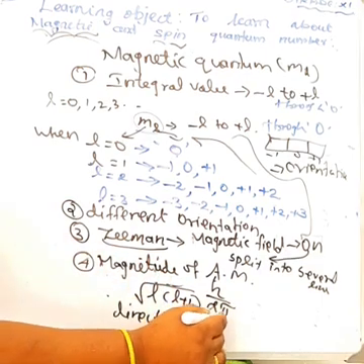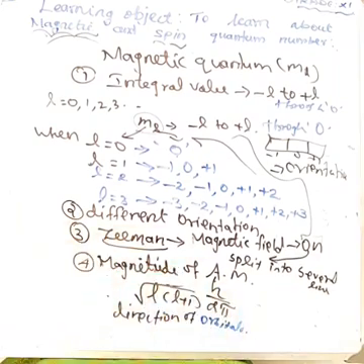Understood? This is about the magnetic quantum number.